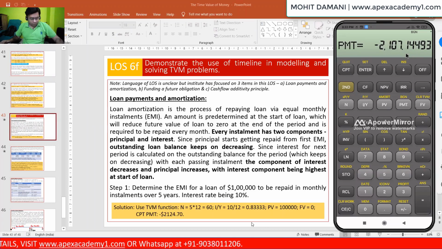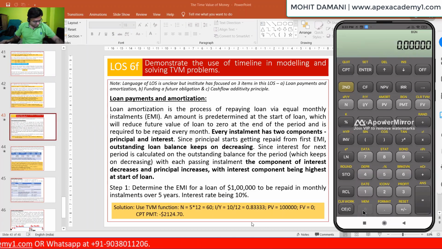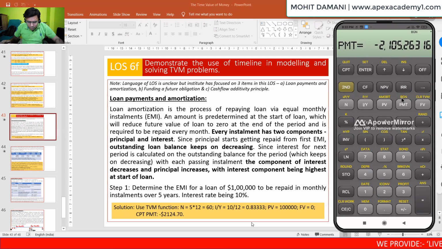It should be 2107, it's coming 2124. If I take 0.83, then I think it will match. That's also not matching. What's the difference? This cannot be wrong. Just a second.